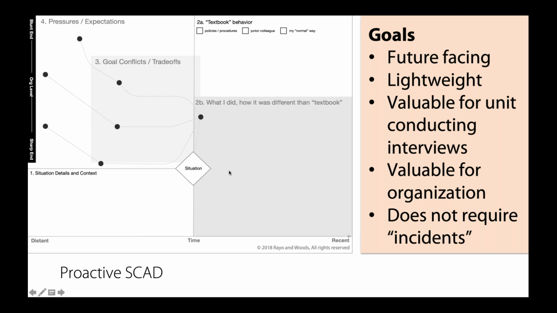Then from this thing that you did, let's work backwards. What are the pressures and expectations that led to the textbook, or that helped craft the textbook? How are those things conflicting with each other? How did you manage those conflicts, or what are the important parts about those trade-offs? And then how do we get to the adaptation itself?